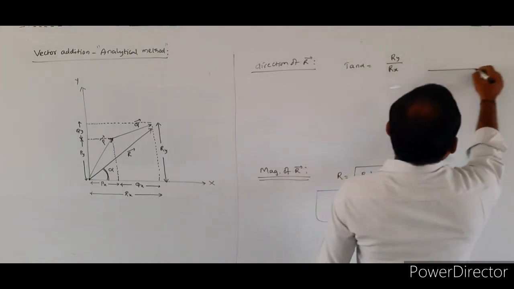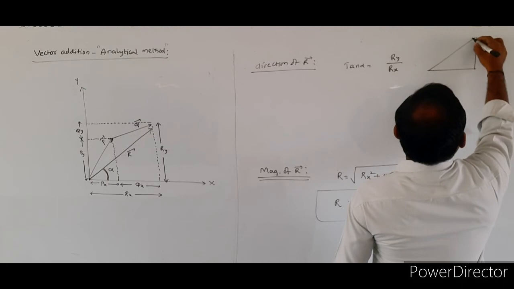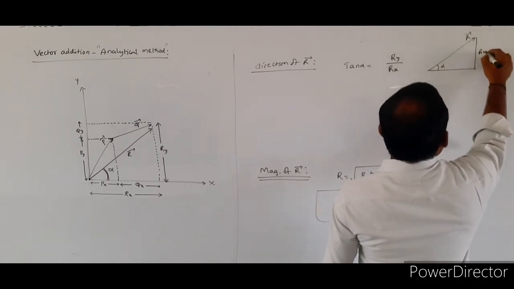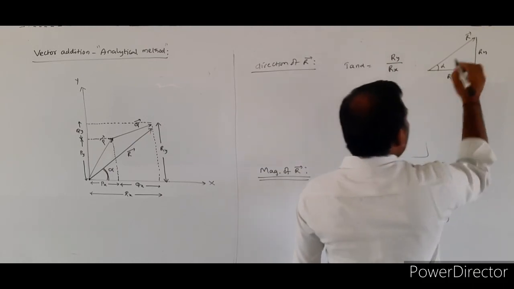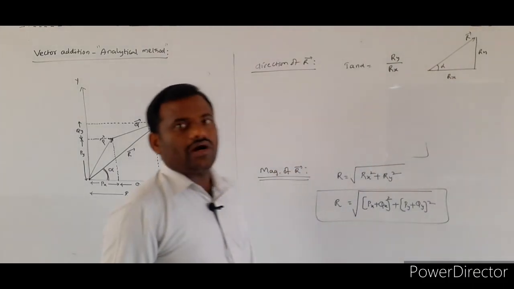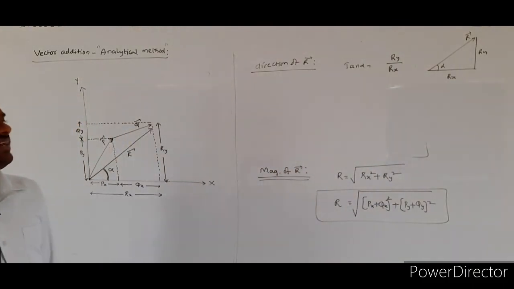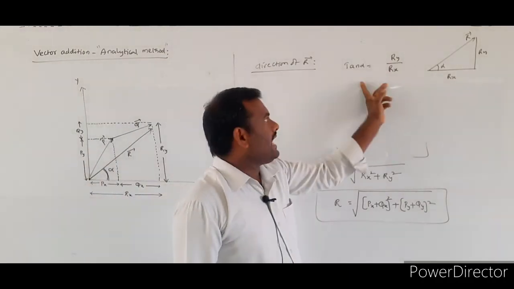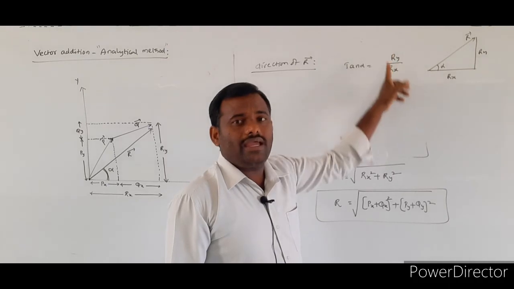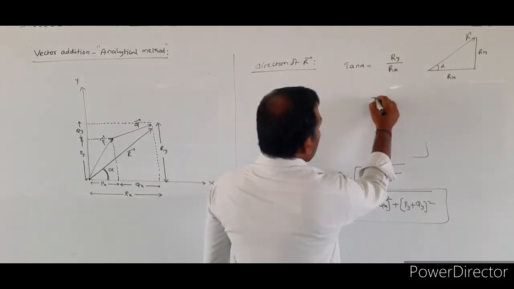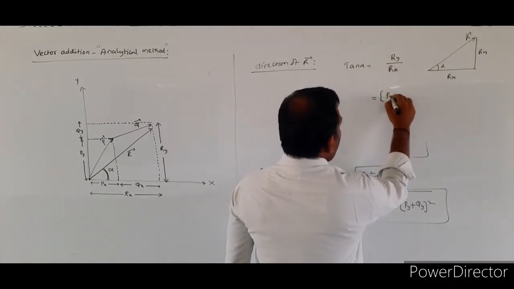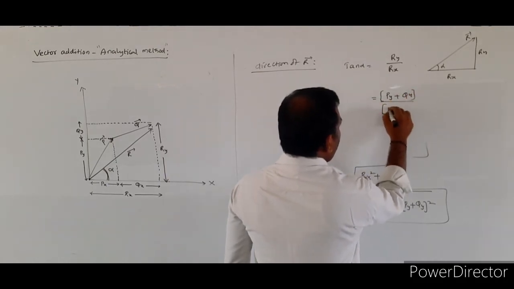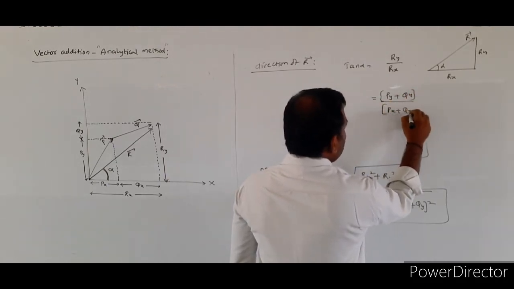So this is vector R bar. This angle is equal to alpha. Opposite side value is Ry. Adjacent side value is Rx. So tan alpha is equal to opposite side by adjacent side, which is Ry by Rx. Already you know the value of Ry: Py plus Qy by Px plus Qx.